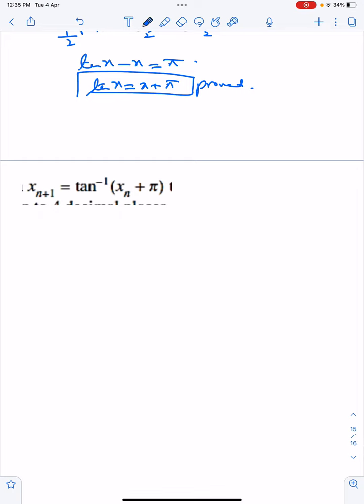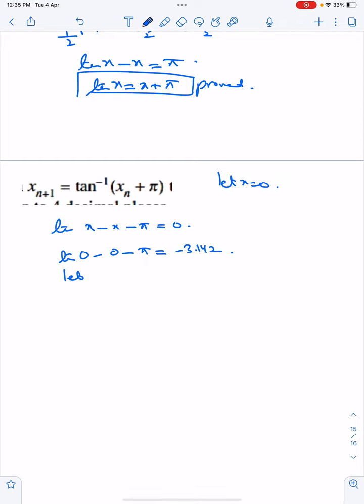Okay, if I shift all the terms to one side in this case, tan of x minus pi equals 0. If I plug in x as 0, let x equal 0, it will be tan of 0 minus pi, so it's going to be a negative answer, minus pi, minus 3.142.